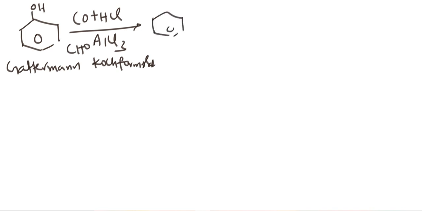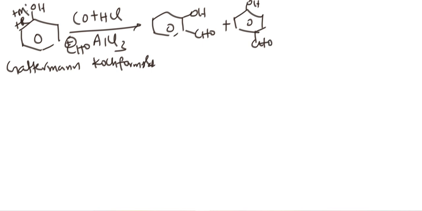Here also you are getting OH, CHO, and the aldehyde is the electrophile. I already told you phenol has an activating group, plus M or plus R. Then the electrophiles will go and attack ortho and para. I hope it is clear. This is very simple.